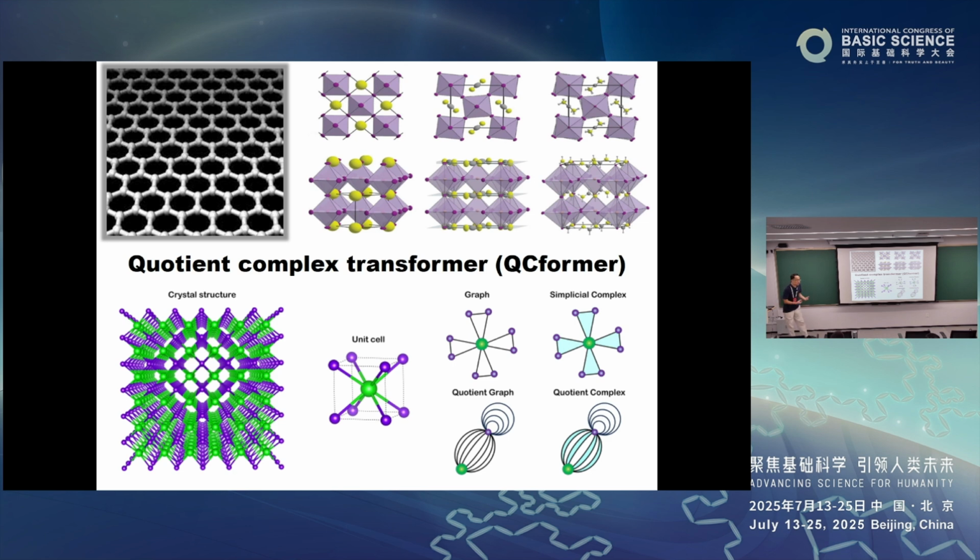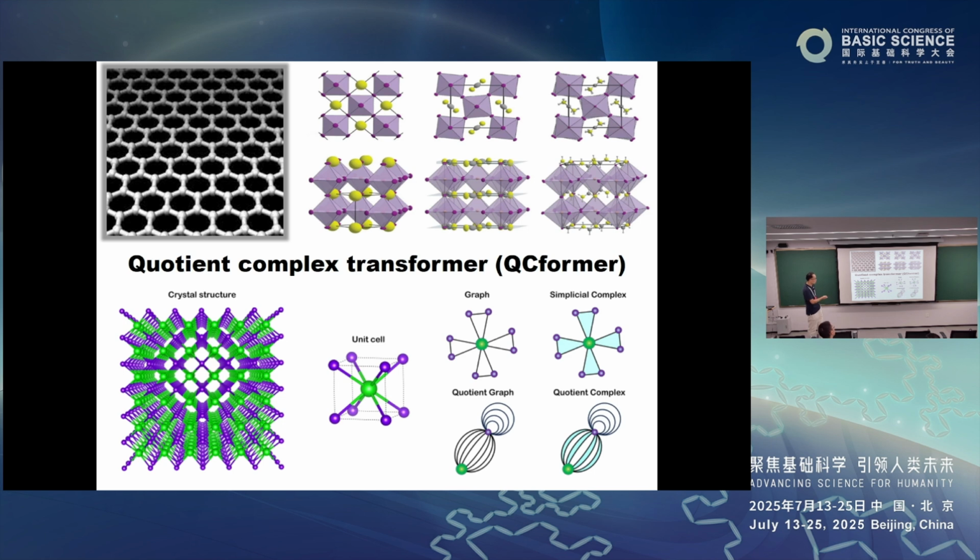So what we do here is trying to generalize this graph representation into the higher order simplicial complex representation. And when you are in the simplicial complex representation, you can also consider different relations, right? Then you can try to quotient the structures that are equivalent to each other through the relations.